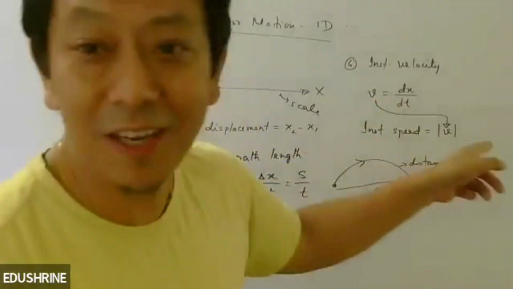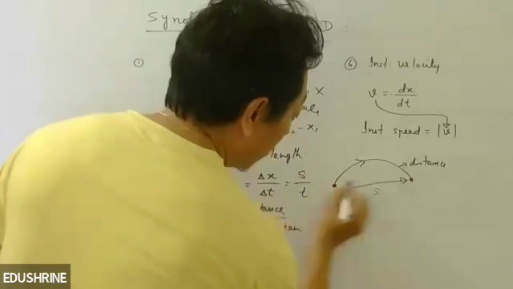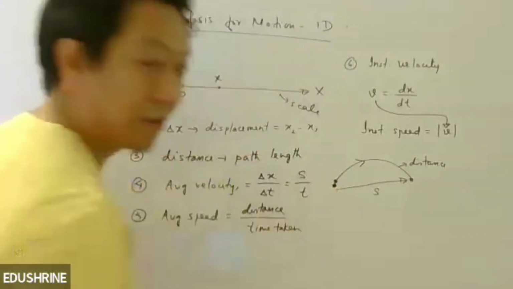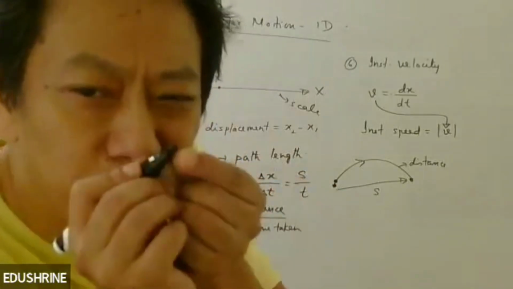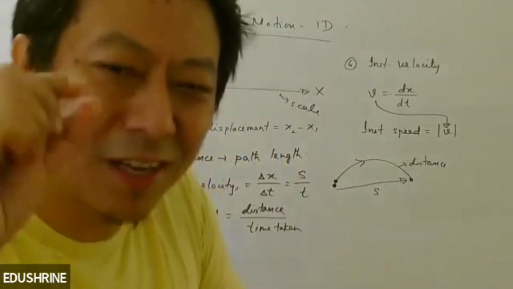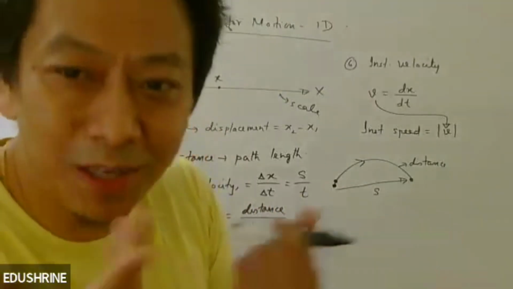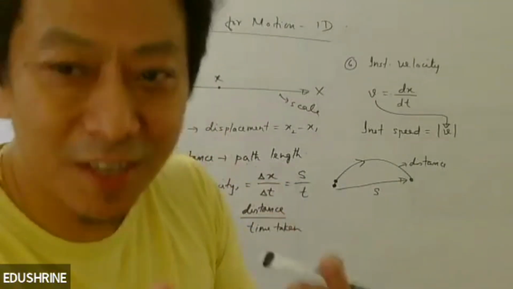But this is instantaneous. Instantaneous means you will go from here to here only. So if you go from here to here along that small path, then that small distance and that small displacement are the same. The only difference is that for displacement we say direction also; for distance we don't say direction.